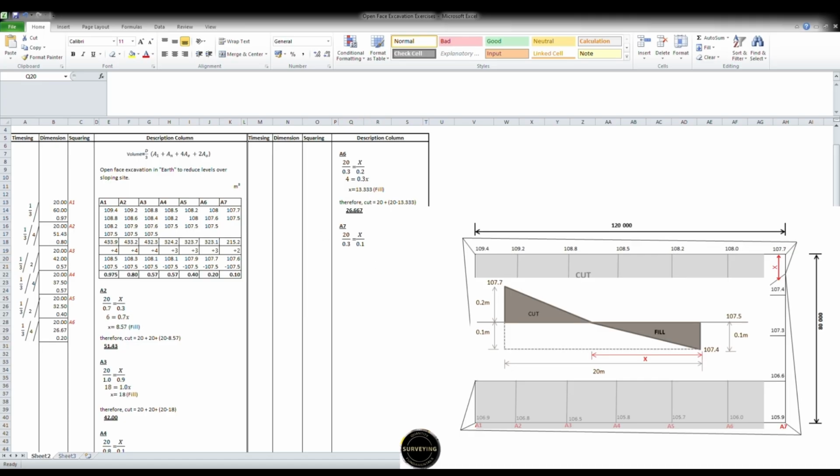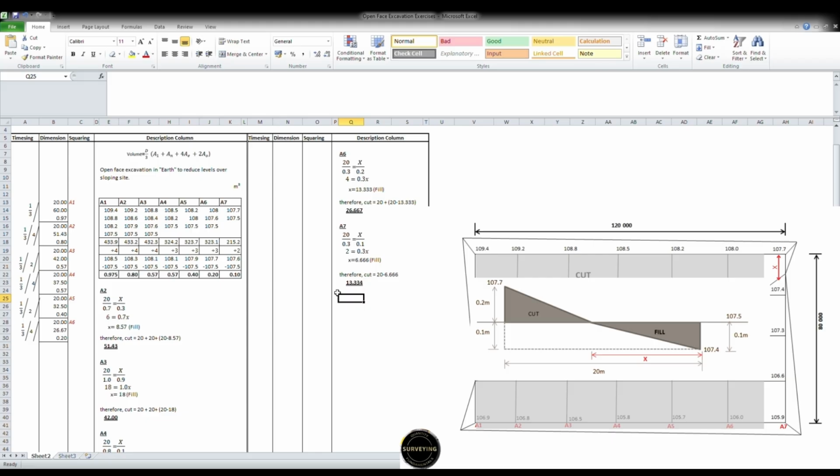And then when you cross multiply, 2 is equal to 0.3x. Then we solve for x. So x will be equal to 6.666. And then our cut will then be 20 minus 6.66, which gives us 13.334.